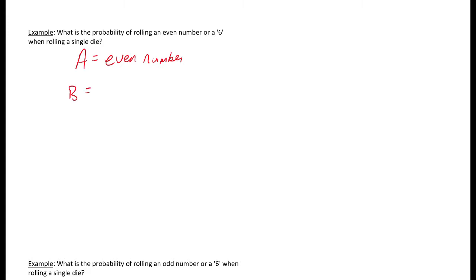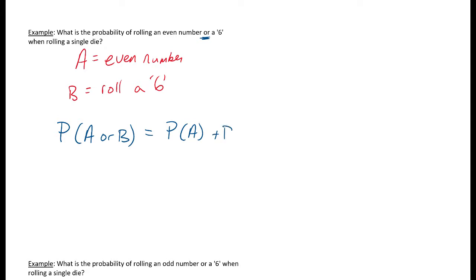Event B is the event where we roll a 6. Okay. So we have been asked to calculate the probability of A or B. Or is our keyword there. And just to recap, it was the probability of A plus the probability of B, that's where it gets its name from, addition rule, minus the probability of A and B.